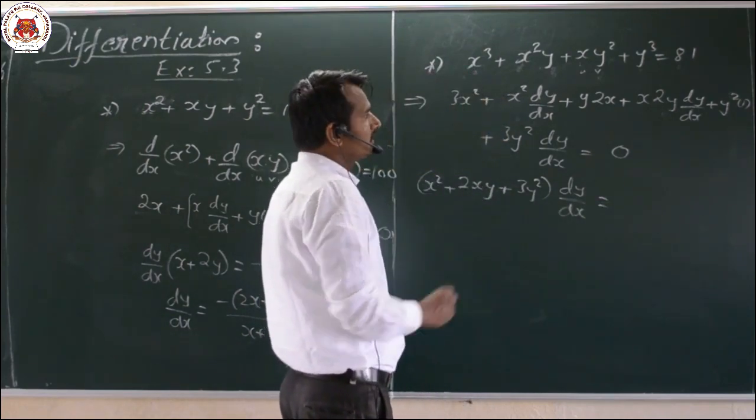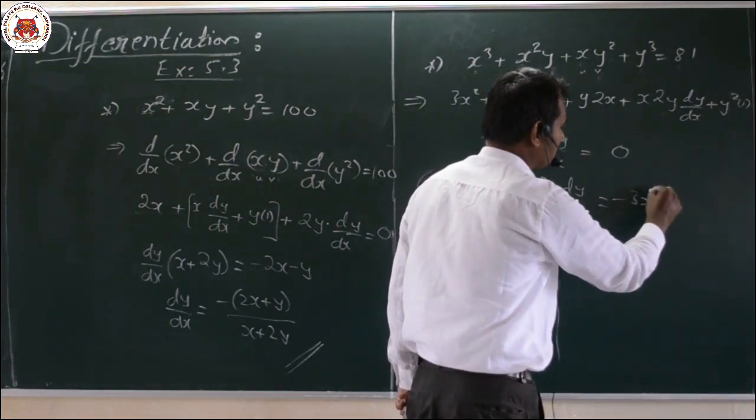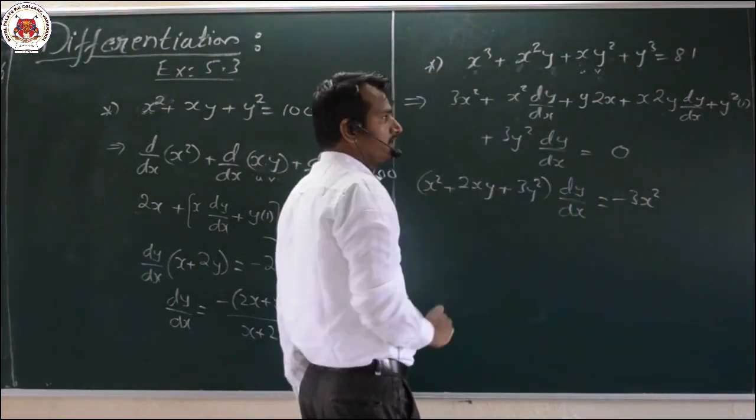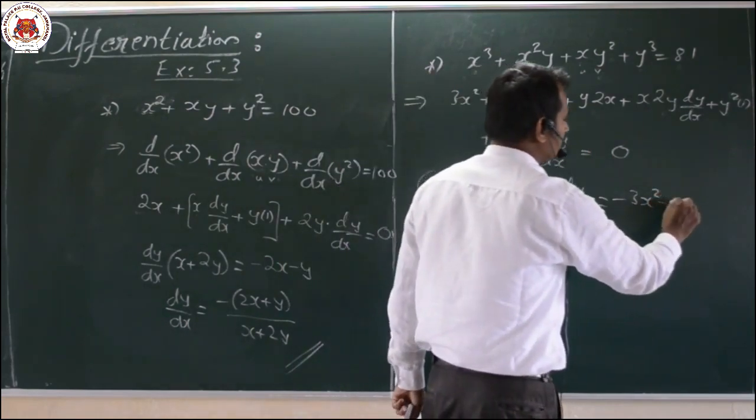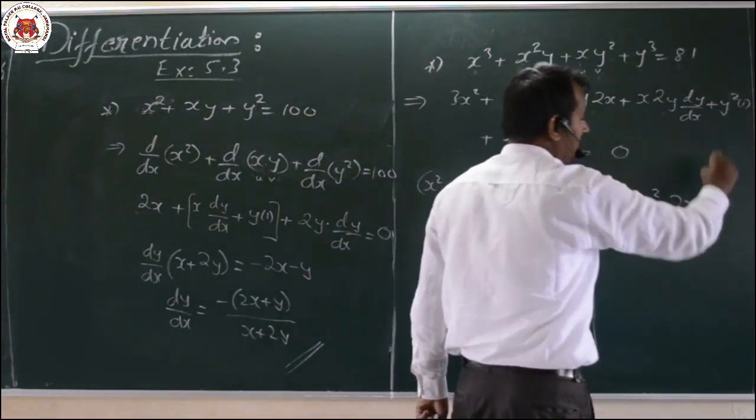What are the remaining parts here? 3x square, I will take it to the RHS side, then minus 2xy, then we are having minus y square.